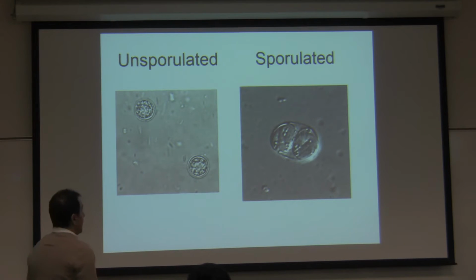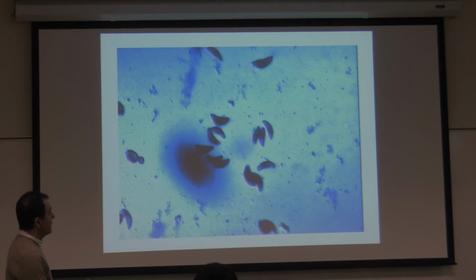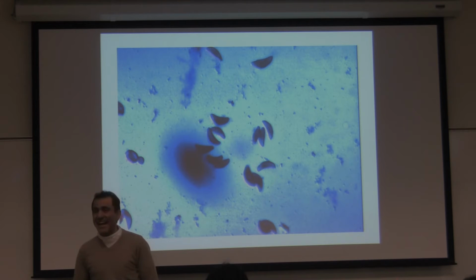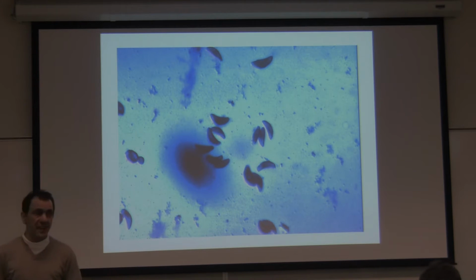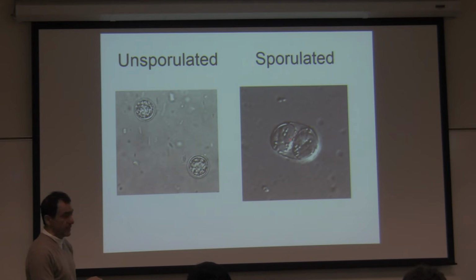Okay, let's go. So we ingest this, right? It goes to the intestine of cat, human, bird, and they go whack. They multiply and multiply. This is called, I should have labeled this right here, tachyzoites. Tachy means rapid, fast. So they are multiplying very rapidly after excystment, right?